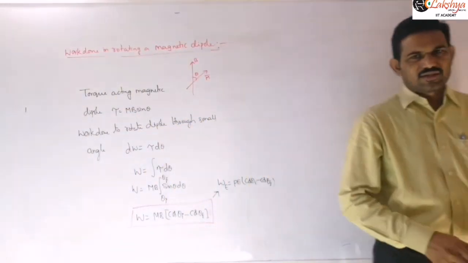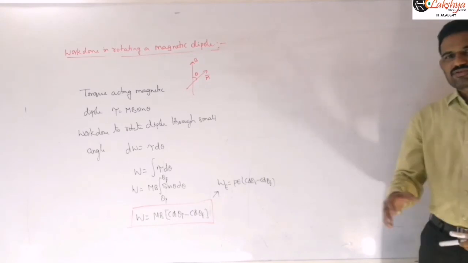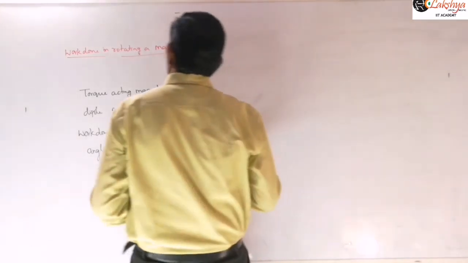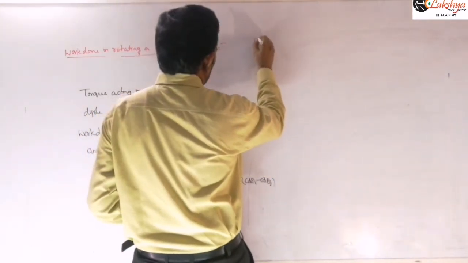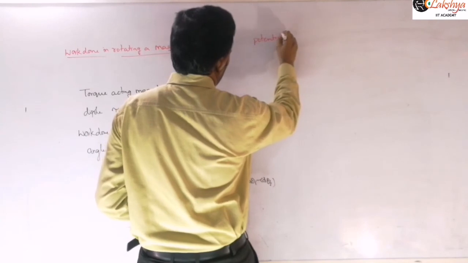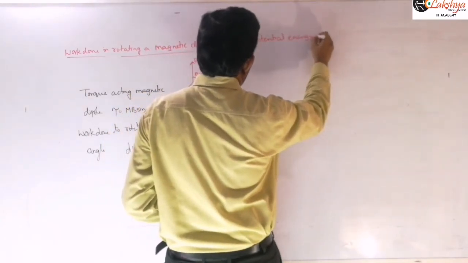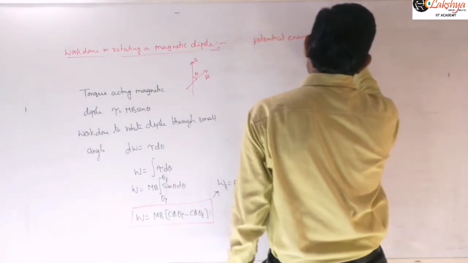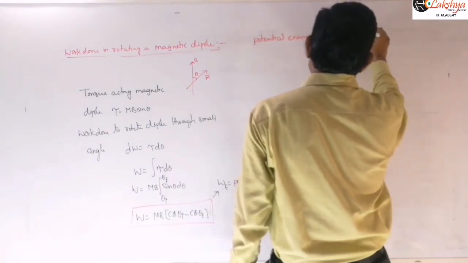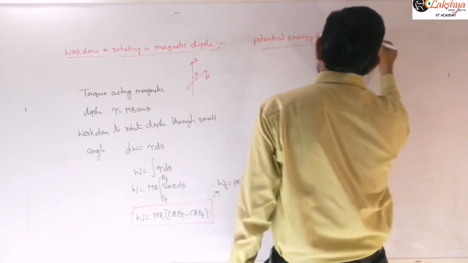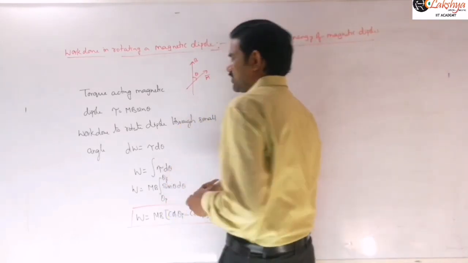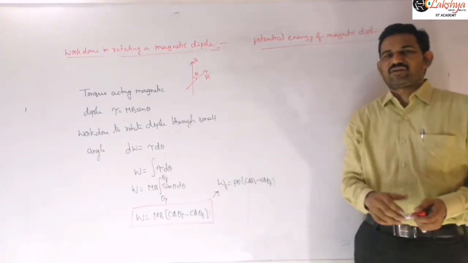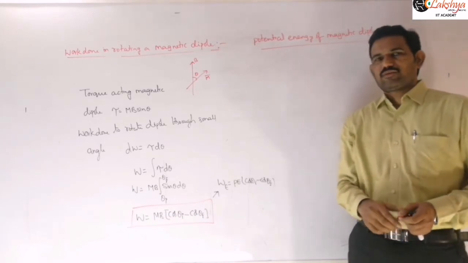As we are deriving this work done expression, we can also define the potential energy of this dipole, the potential energy of a magnetic dipole. Similar to the electric dipole, here also we take a reference for defining the work done, that is the potential energy.